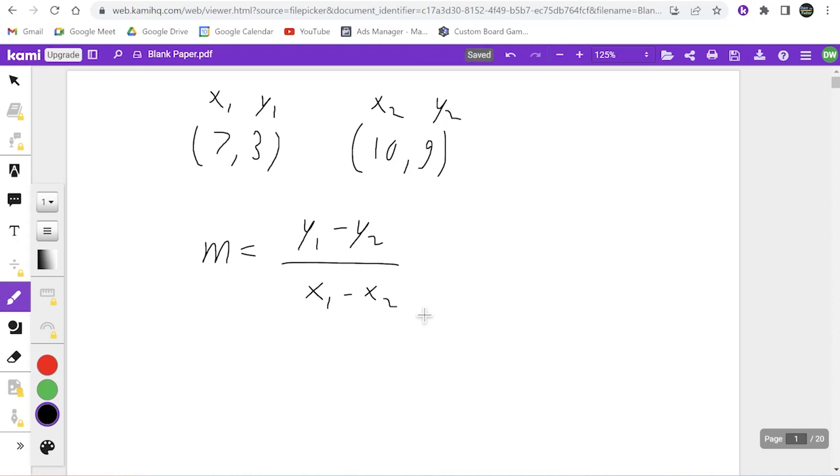We'll get the exact same answer. Let me prove it. So y1 is 3 minus y2 is 9, divided by x1 is 7 minus x2 is 10. 3 minus 9, that's -6, and 7 minus 10, that's -3. You still get +2 anyway because the negatives cancel.